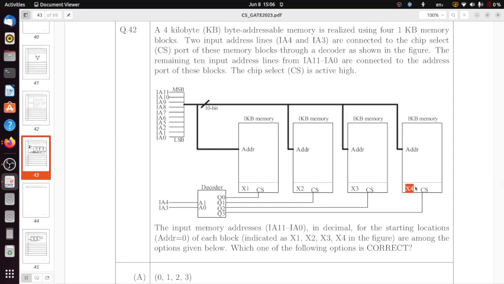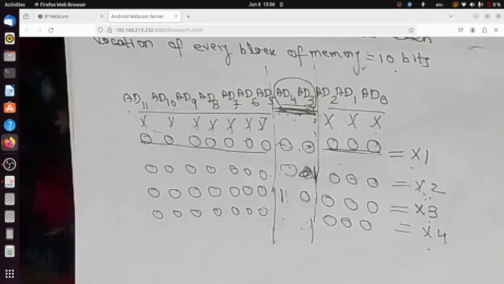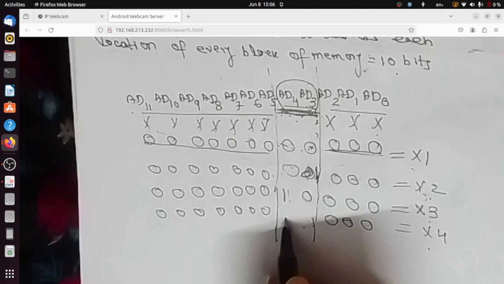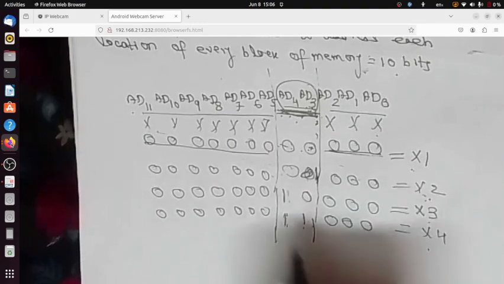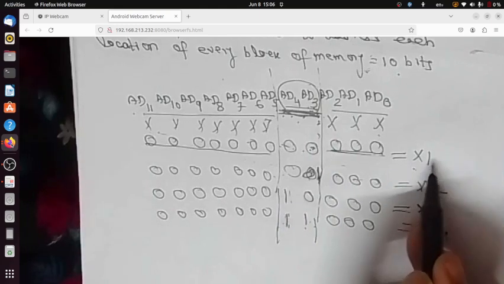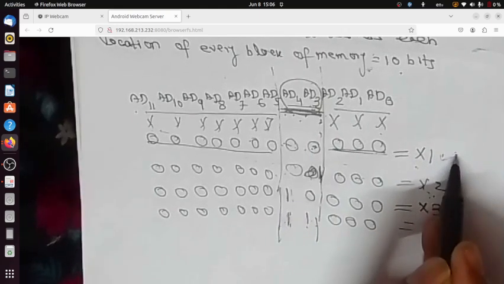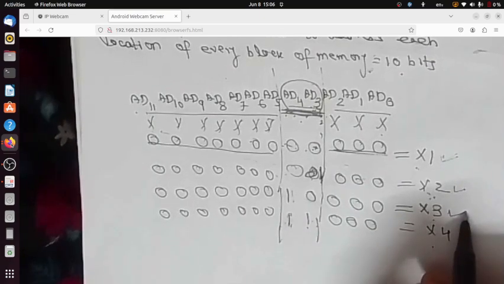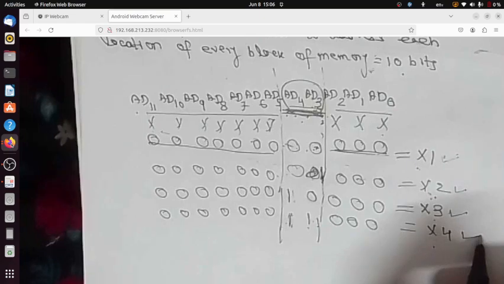So for X4, both will be 1 1. So this is the starting location of the first block, the second block, the third block, and this is the starting location of the fourth block.